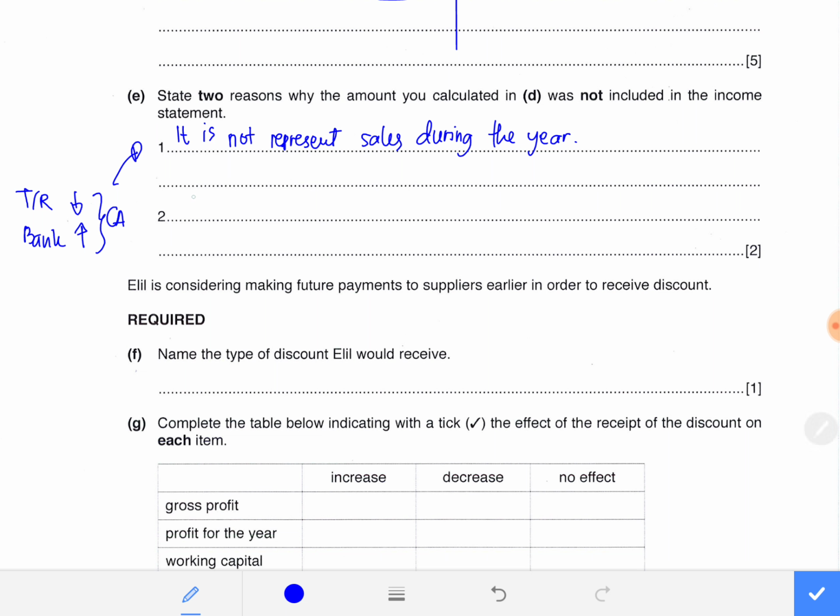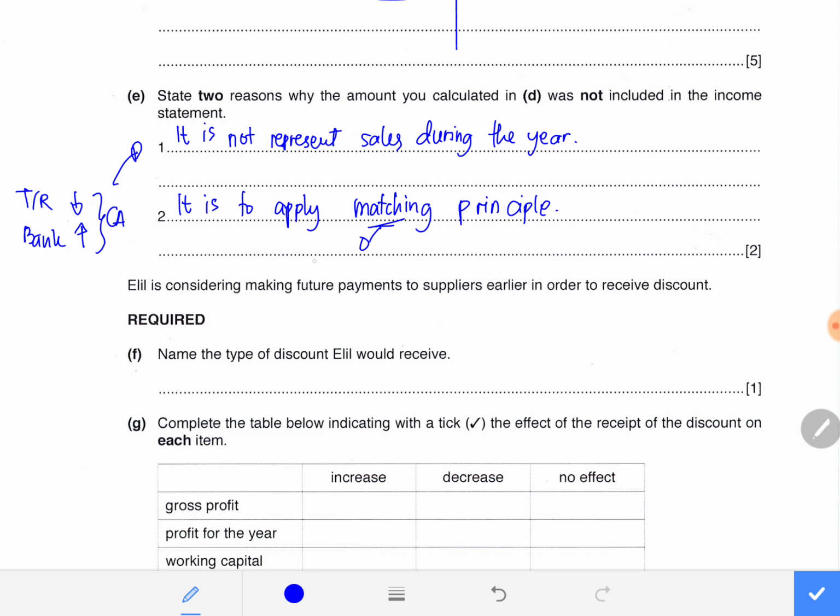And second, it is to apply the matching principle. What is the matching principle? Matching principle is that all costs must be matched against income.